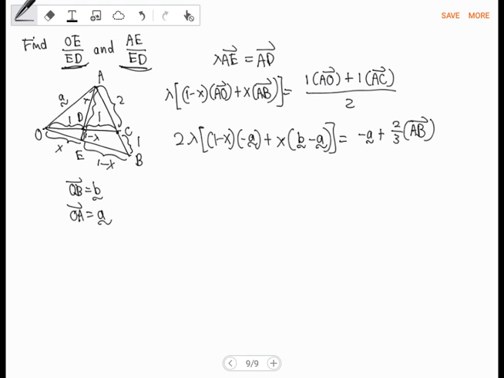So when we expand this, we have 2 lambda multiplied to 1 is 2 lambda, multiplied to minus A is minus 2 lambda A. Minus 2 lambda x multiplied to minus A would be plus 2 lambda xA.